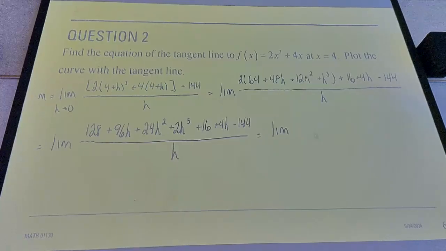128 plus 16. Oh, that's not. That was so nice. That's 144, isn't it? Minus 144 is 0. 96 plus 4. And I'm also factoring out an h at the same time.